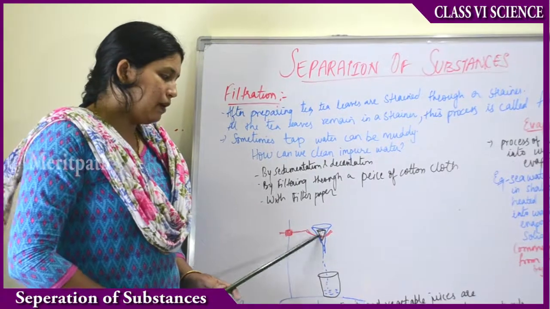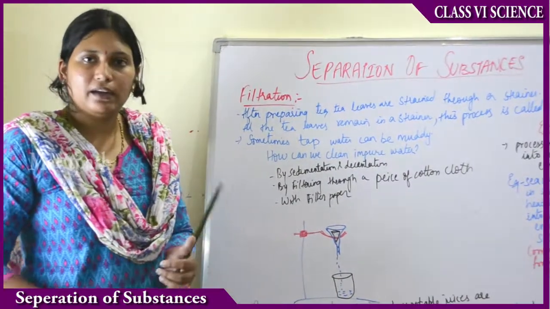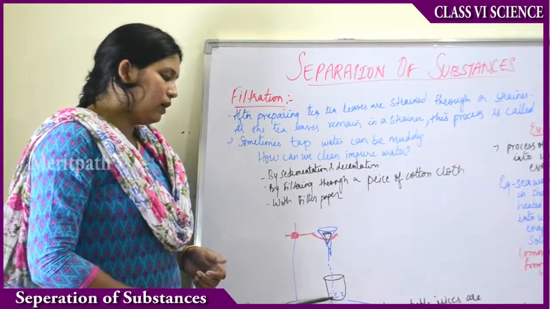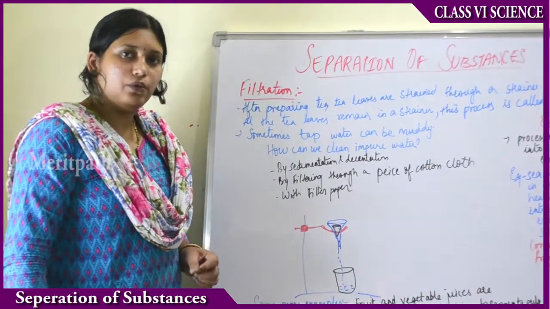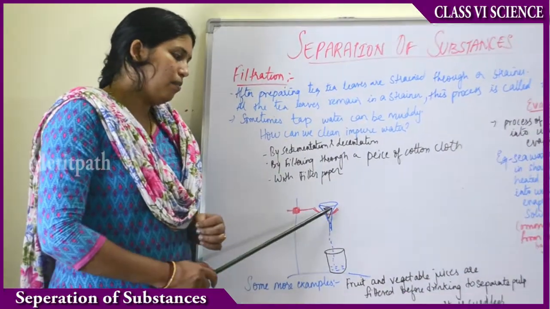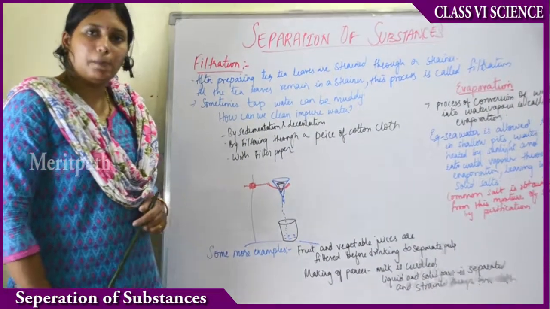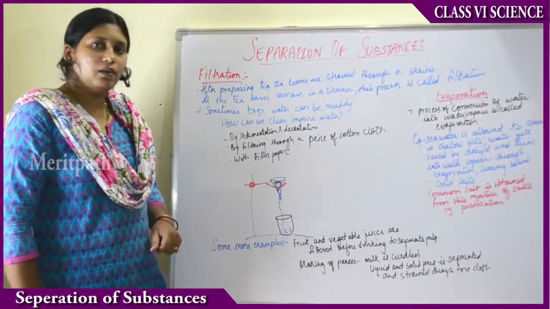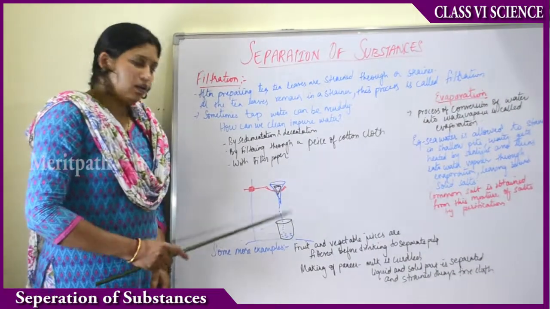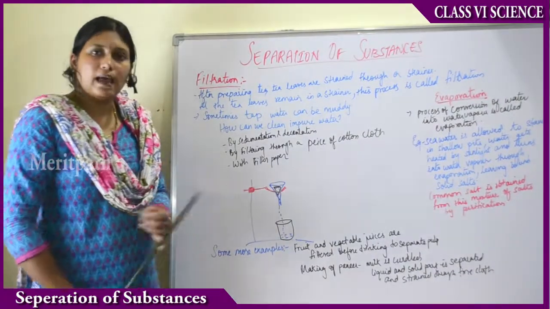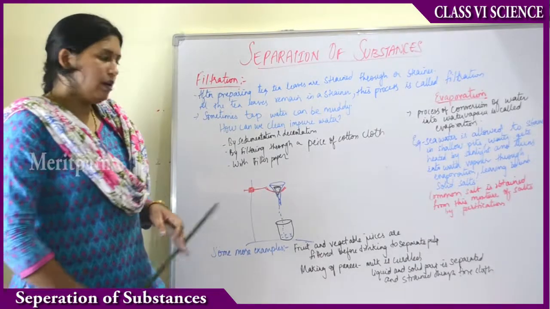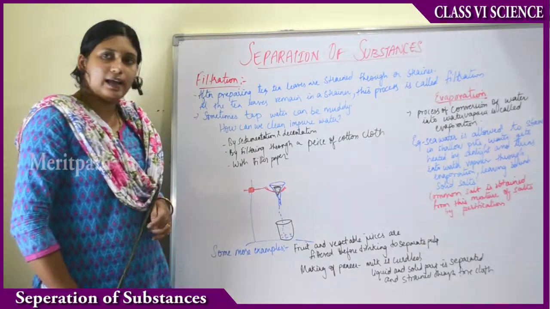The filter paper absorbs the heavy impurities and the pure water will come into the glass beaker kept down. Take an iron stand, mount a funnel to it. In the funnel, put a piece of filter paper, folded into a cone shape. Then pour water. This filter paper will absorb the sand, the heavy particles, and the pure water will go into the glass kept down.